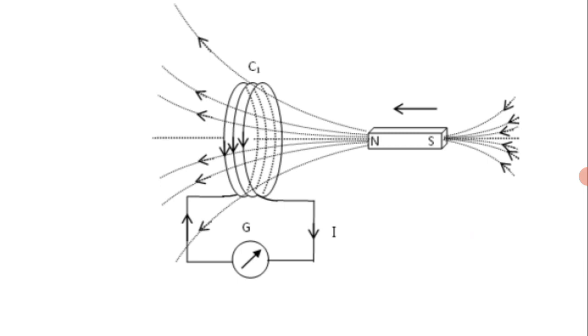So just by varying the position of the magnet, let us change the position. Definitely the field or the flux which links with the coil changes.